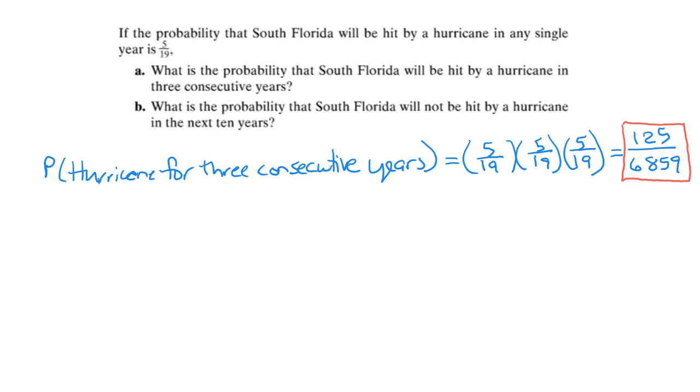Okay, that would conclude the answer for part A. Part B is asking us, what is the probability that South Florida will not be hit by a hurricane in the next 10 years? So probability, no hurricane, the next 10 years.